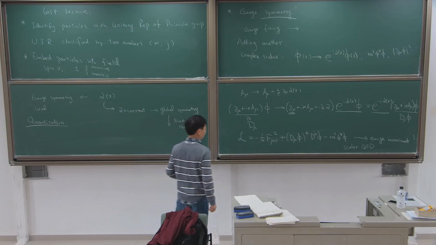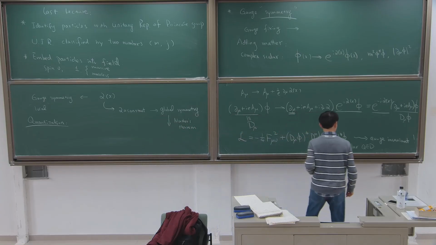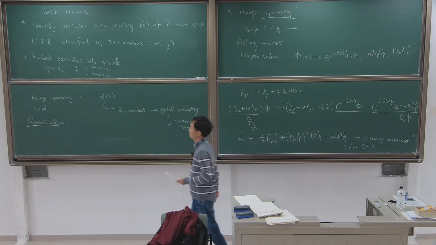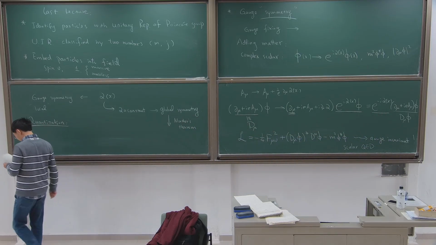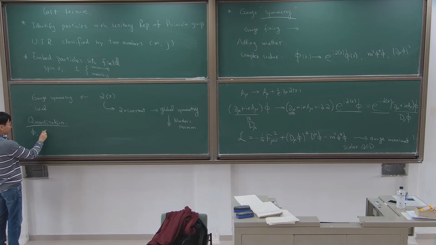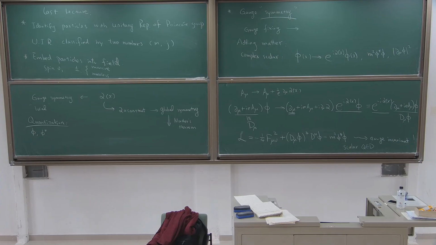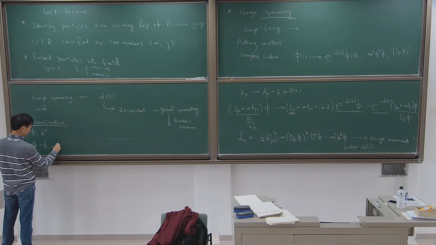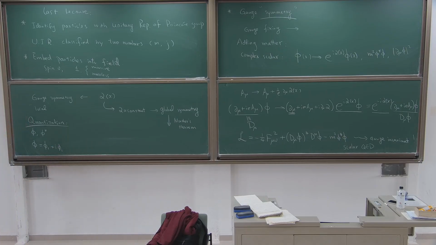Now, let's look at some details about this new theory. We mentioned some time ago, there are different ways to represent the complex scalar. One way is to represent it by phi and phi star. The other way is to split or decompose it into two real scalars.